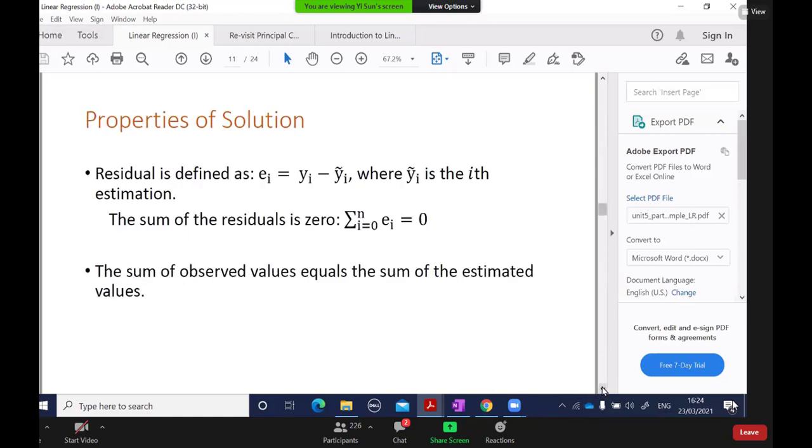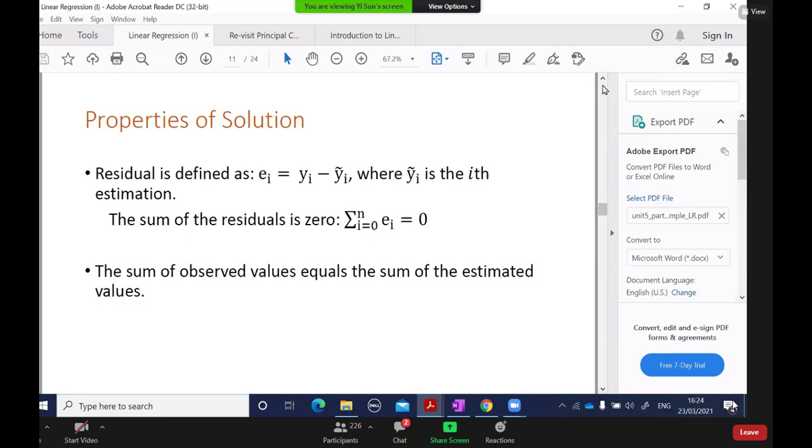Now, something very important for you to remember. When we perform simple linear regression, we get a line of best fit. The data points usually don't fall exactly on this regression line. They are scattered around.